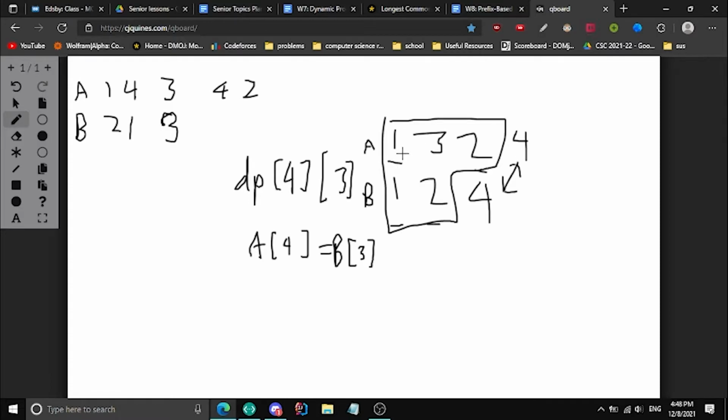If we take the longest common subsequence here, which is 1, 2, and we know that 4 is after 2 in both of these, then we can say that 1, 2, 4 is a valid common subsequence, right?